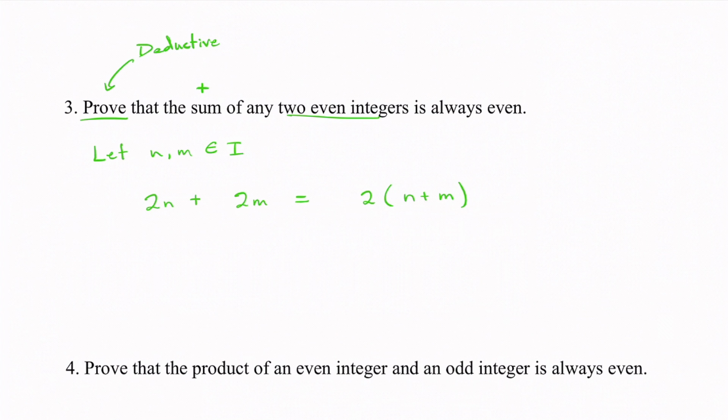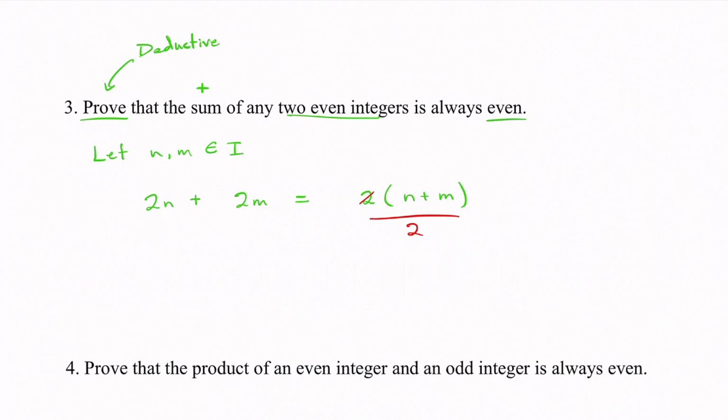Now, to prove something was even, remember I said anything that is even is divisible by 2. So if I could take what I currently have and divide this by 2, which I can, 2 divided by 2 would cancel out, and you just get n plus m. If I can do that, I've proved that it is even.